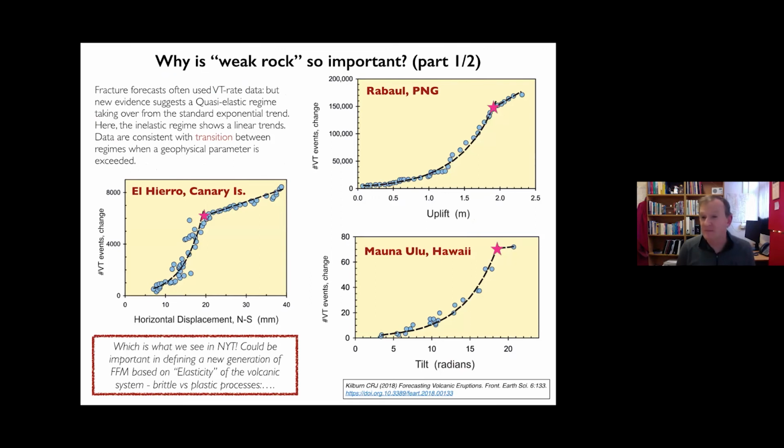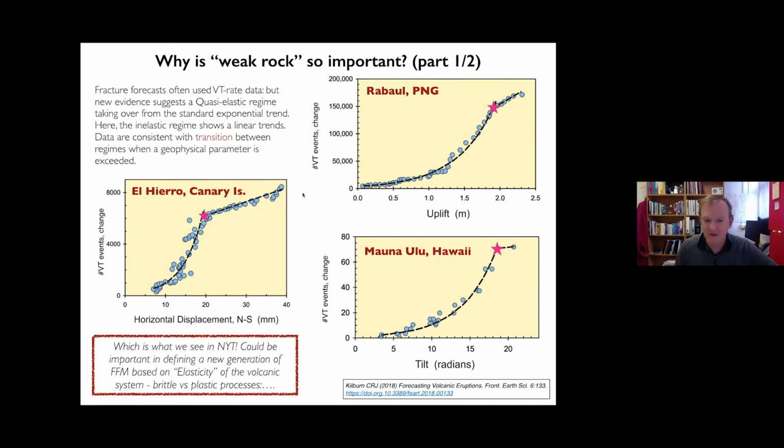And why is weak rock important? Because the forecast I showed you briefly before from Chris Kilburn's model, another more recent study of Chris Kilburn's, suggests that there are different transitions in the volcano-tectonic rate data as we go from a hyperbolic increase to some sort of transition, that's the star in each of these different cases, to some sort of linear phase.